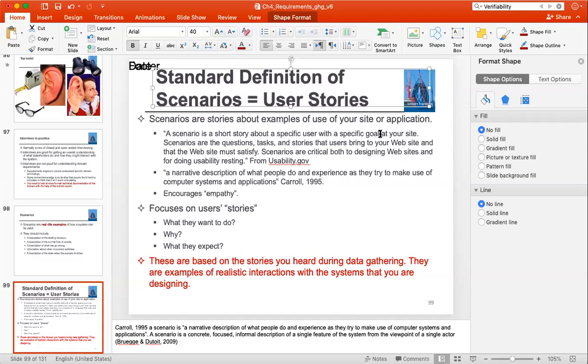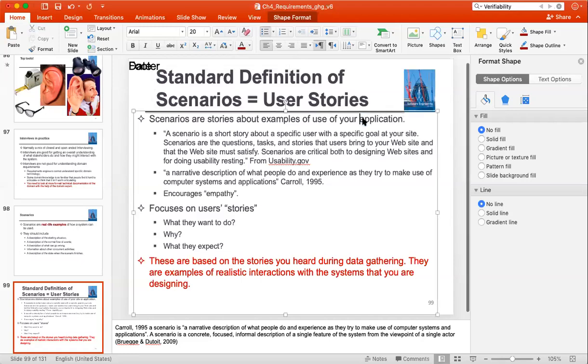Actually, I'm going to take the site off because this is not exactly relevant to you. Here's a description. A scenario is a short story about a specific user with a specific goal at your site or application. Scenarios are questions, tasks, and stories that users bring to your website or application. Because this is all about usability of websites, but the same can be said about applications.